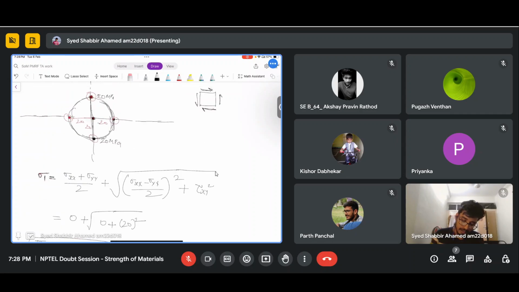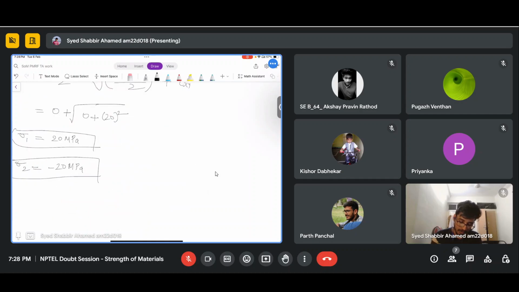Here, this principal plane is at an angle of 90 degrees from the x plane in the Mohr circle. But whenever we come to the actual representation, this angle will be half of the angle in the Mohr circle.